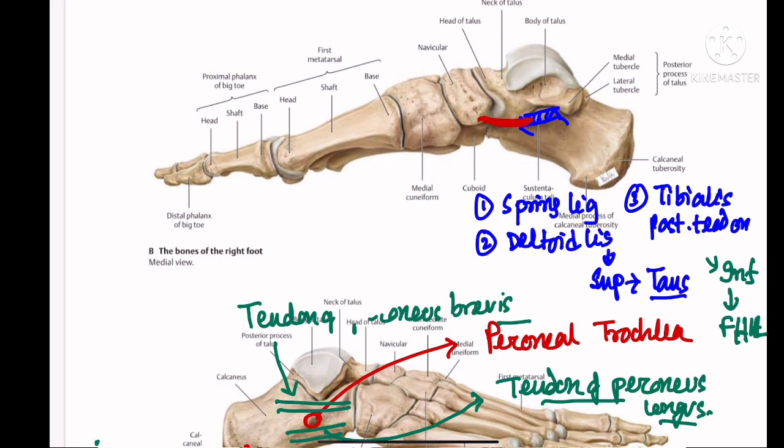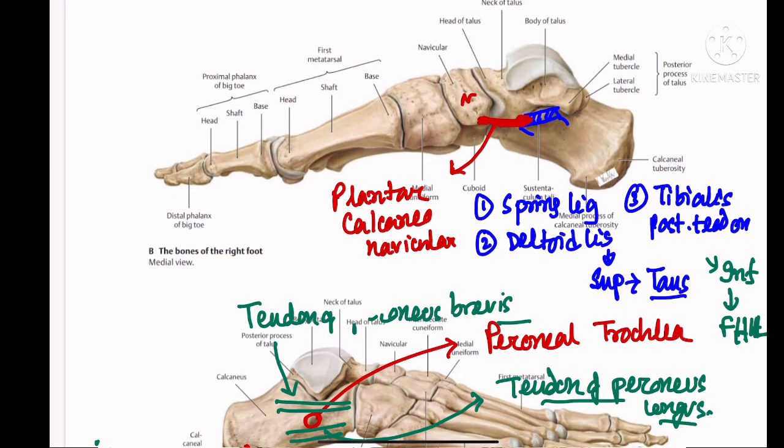From the plantar aspect of the navicular to the medial surface of the sustentaculum tali, it is called spring ligament or plantar calcaneonavicular ligament.